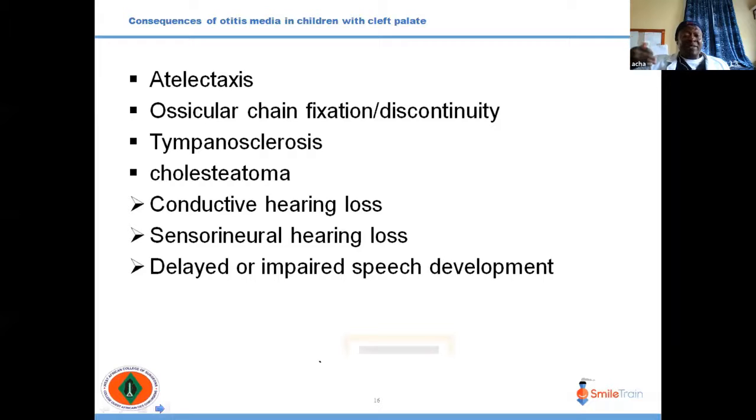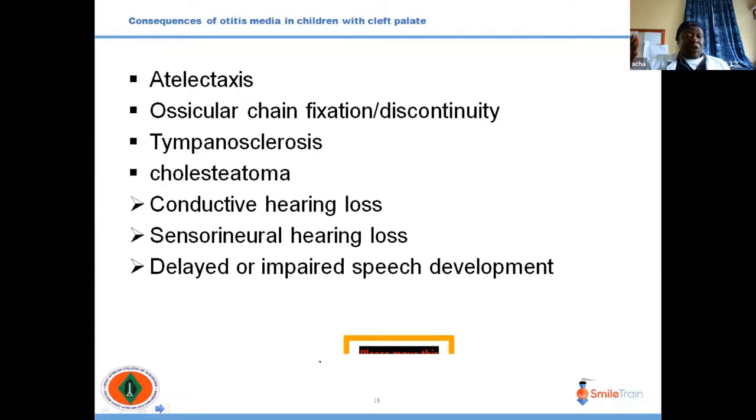We can then prevent some of the complications that come along, particularly for otitis media with effusion, which are atelectasis, ossicular chain fixation or ossicular chain discontinuity, tympanosclerosis, and cholesteatoma.